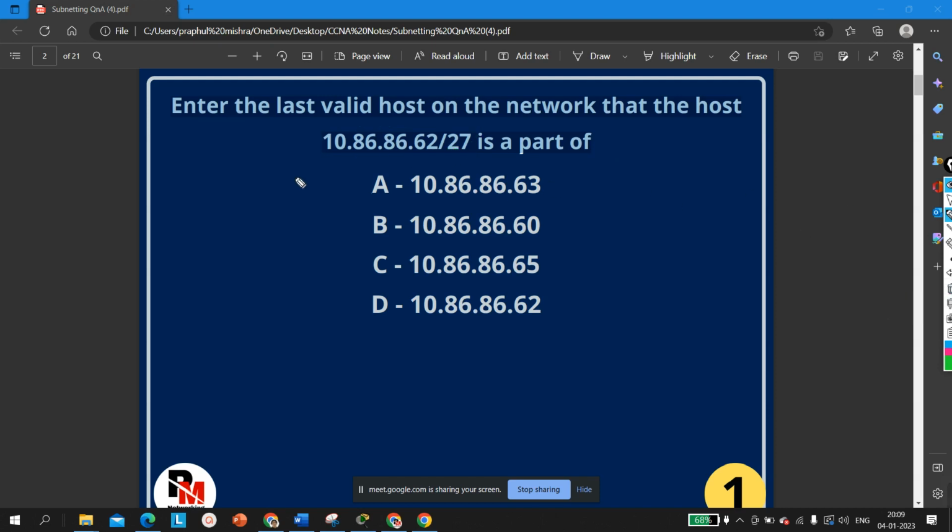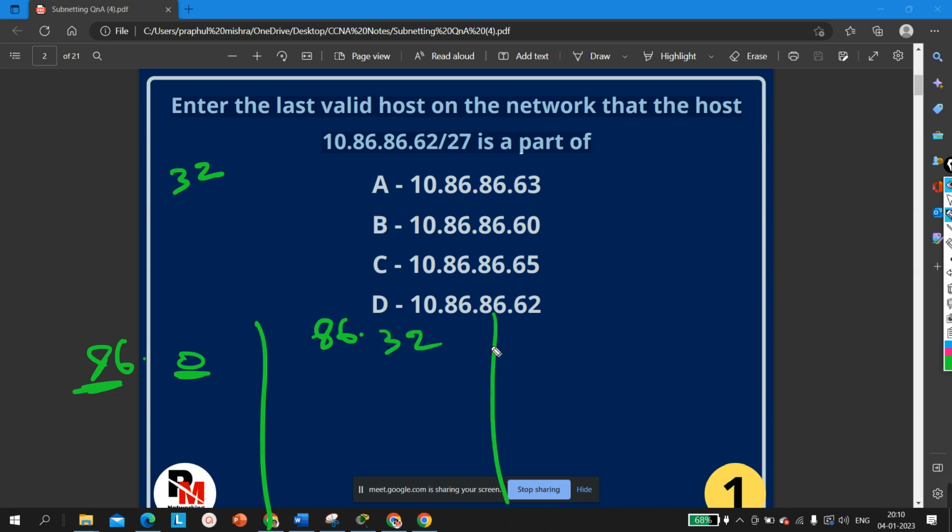So my block size here is 32, which means my first network will be 0, that is 86.0. This one is the third octet and this one is the fourth octet, right? Second network will be 86.32. Third network will be 86.64, right?